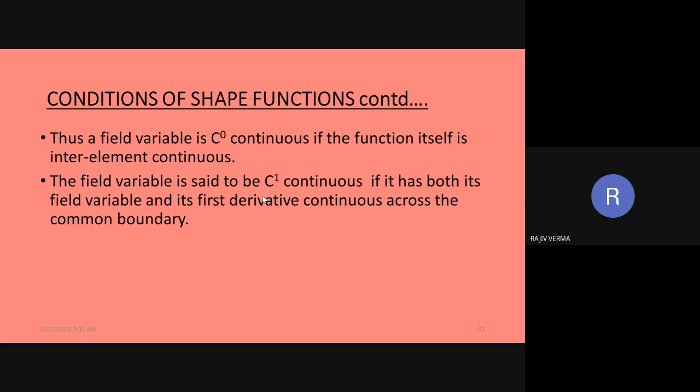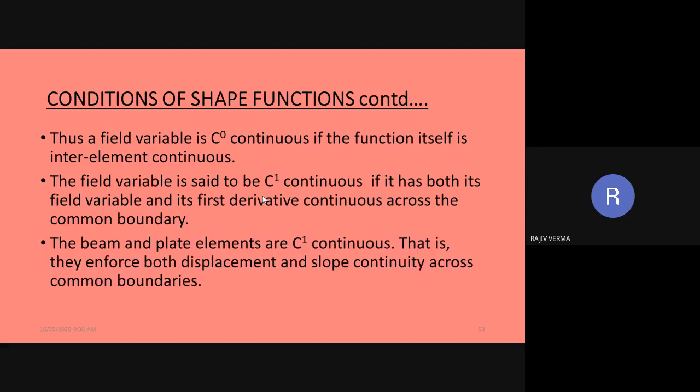And corresponding to these examples, the beam and plate elements happen to be C1 continuous because they enforce the continuity of displacement as well as the derivative of the displacement, which is more commonly known as slope. These are the two continuities which are going to be enforced across the common boundaries.